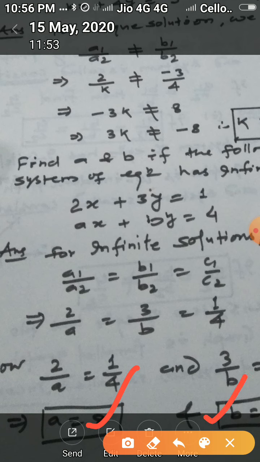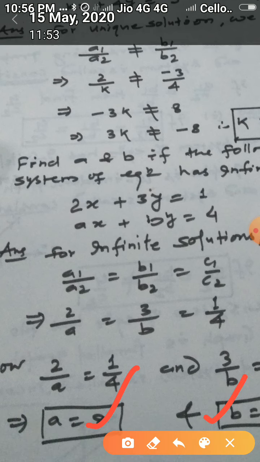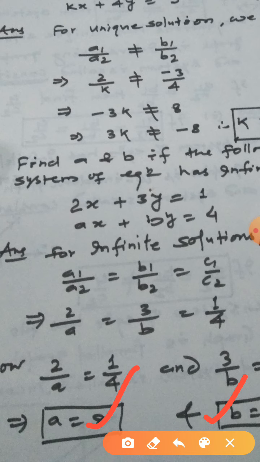So in this way we can find the value of the unknown quantities a and b, or somewhere it is written find the value of k, find the value of p. The condition is given that we have to find the value of a, b, k or p when the system has either a unique solution, infinite solutions or no solution.